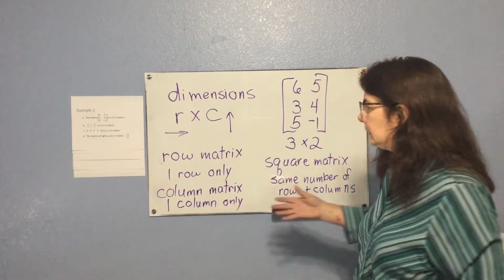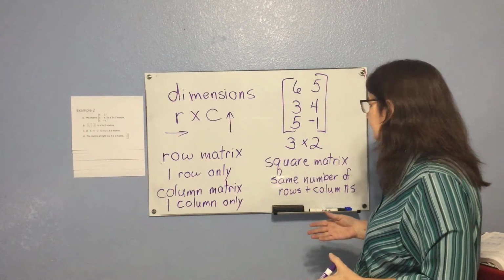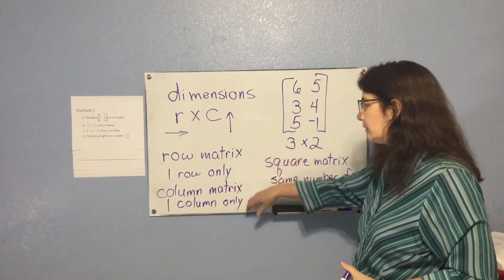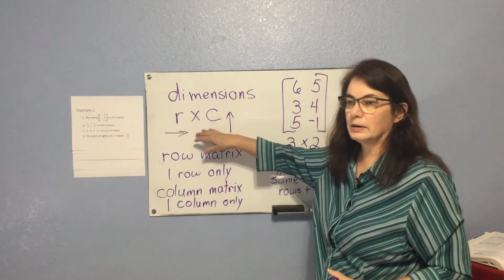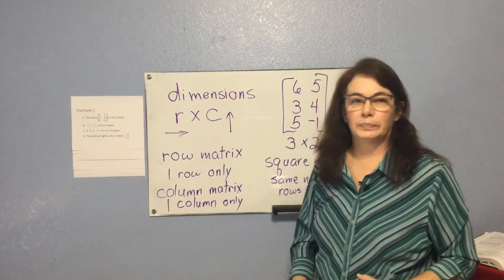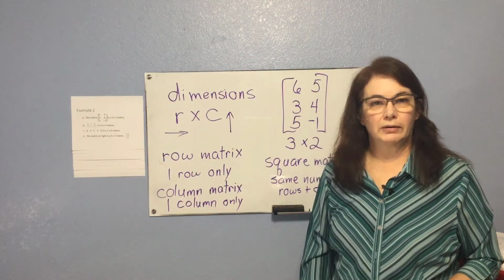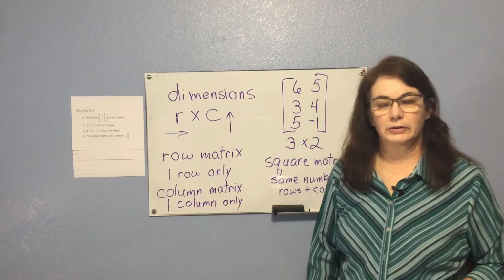Okay, so just some basic definitions. Square matrix, row matrix, column matrix, and dimensions are R by C. So pause your video now and work on checkpoints 2 and 3.